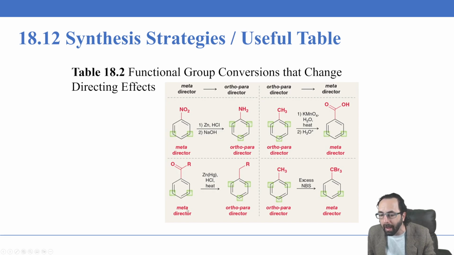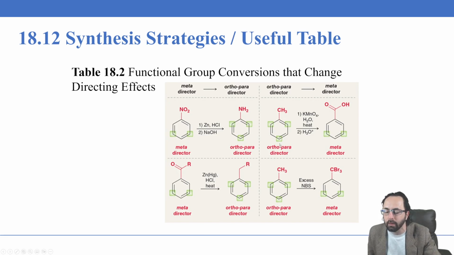You want to remember why the acyl group is a meta-director. Well, it's because it's deactivating. All the deactivating groups are meta-directors with the exception of halogens. If we have a methyl group, that is an activator and thus an ortho para-director. All of the activators are ortho para-directors.